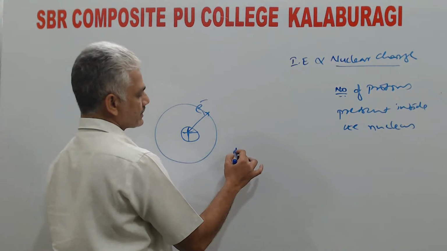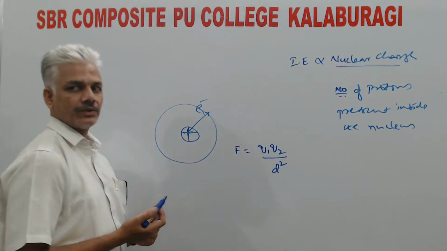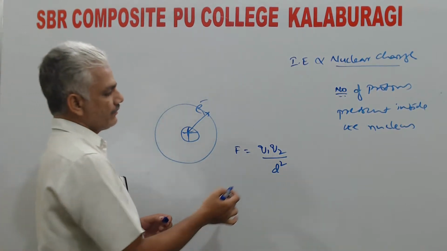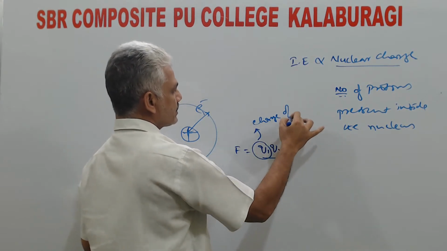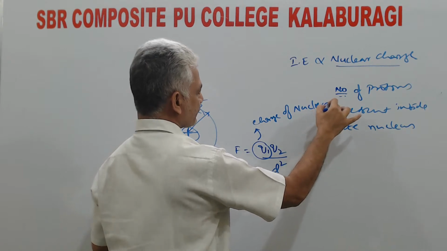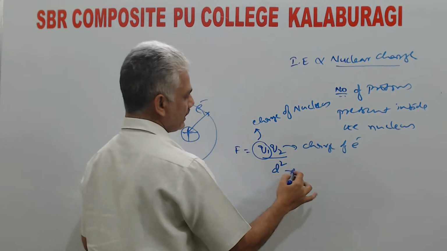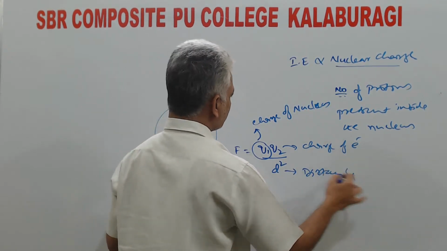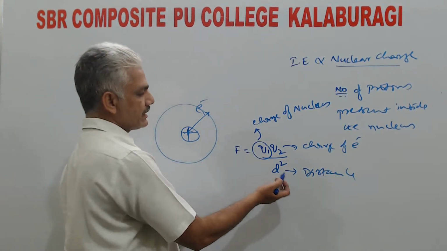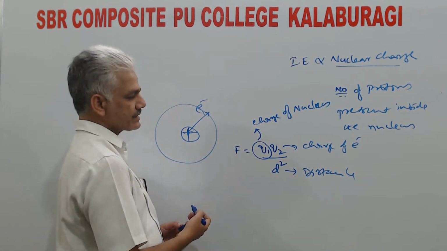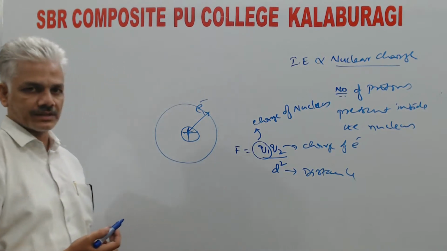The nuclear force of attraction is calculated using the relation Q1 Q2 by d square, where Q1 stands for the charge of the nucleus, Q2 the charge of the electron, and d the distance between the nucleus and electron. When distance increases, force of attraction decreases. When magnitudes of charges increase, force of attraction increases.